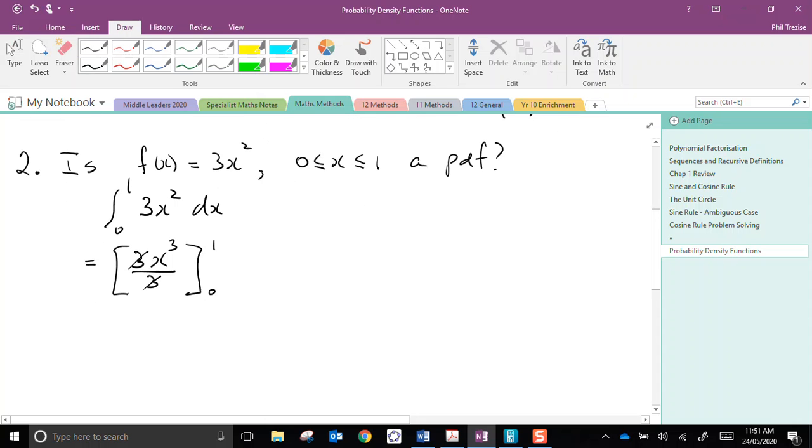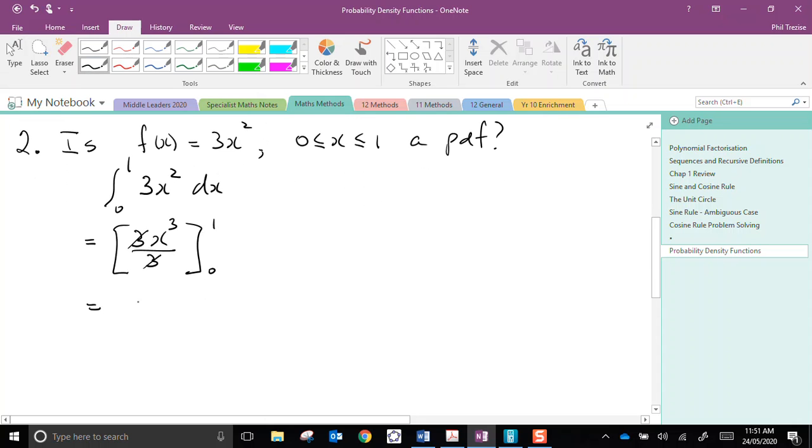Obviously the 3 will cancel. I have 1 cubed, take 0 cubed, that's 1. So the answer is yes. That one is a probability density function. Only when we're looking from 0 to 1 though. If we extended the domain, well, the area would get too big and then we'd be wrong.